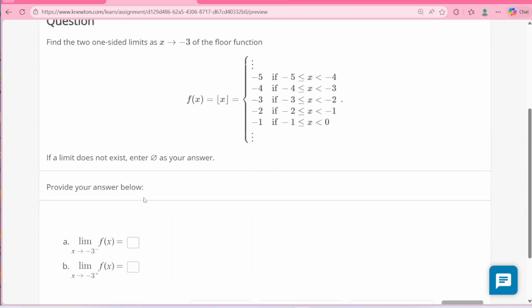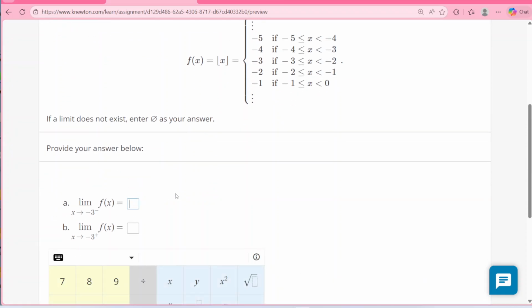So that's what I'm entering here. Left side limit, -4. So again, you'd be on this piece where x is between -4 and -3. We're on the left side of -3, so the output's -4 on the left side of -3. And then on the right side of -3, I'd be on this piece where x is between -3 and -2.